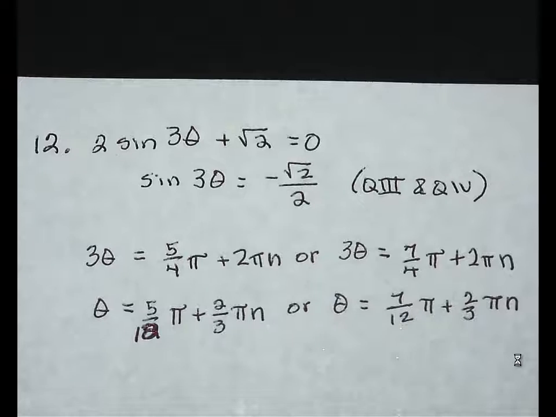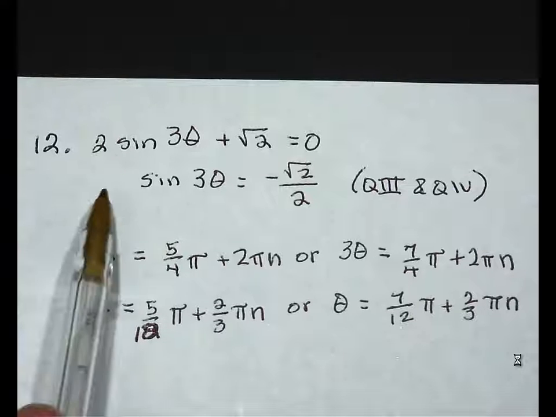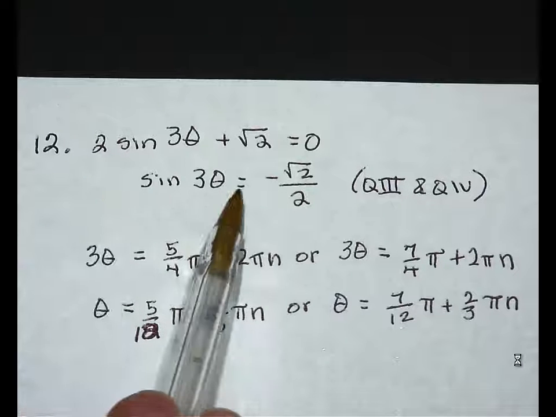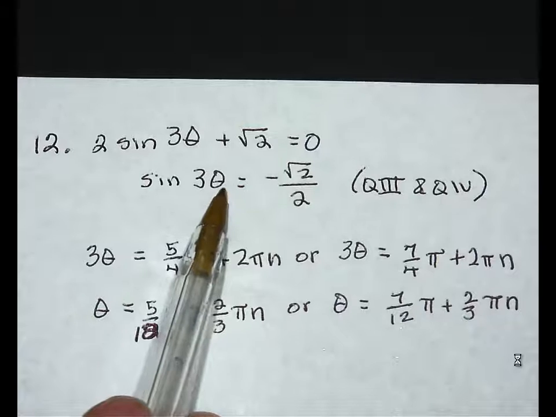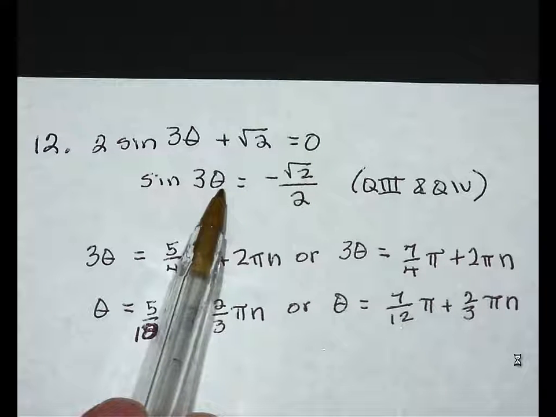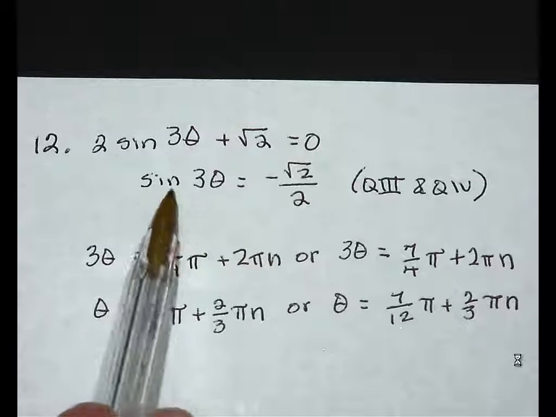Now you could try some n equals 0, n equals 1, n equals 2, just to make sure you're catching the right angles. If I graphed y equals sine 3 theta, what would the period of that function be? Y equals sine 3 theta.